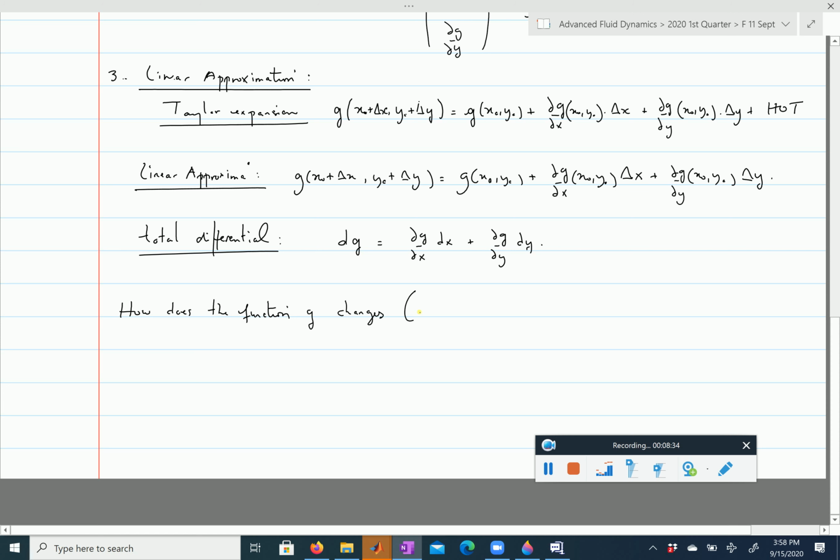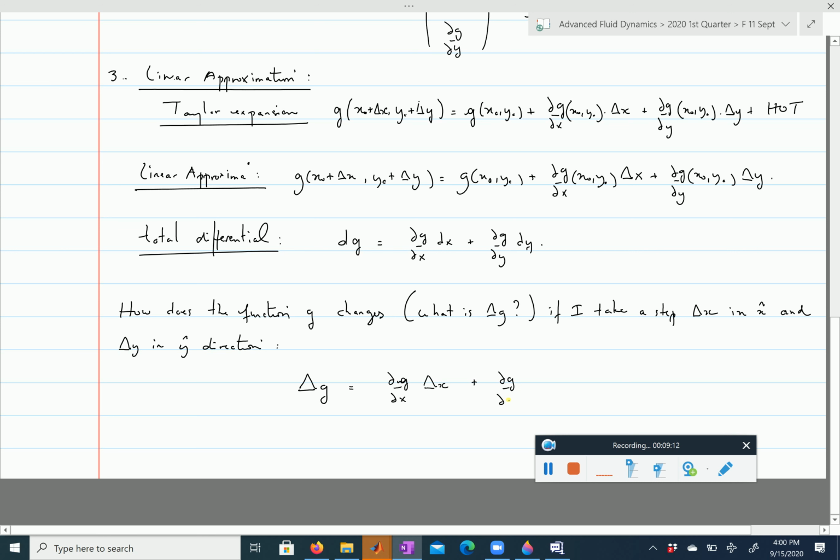That is, what is delta g if I take a step delta x in the x direction and a step delta y in the y direction, then from the linear approximation or the total differential, what we can write is that this delta g is going to be equal to partial g, partial x at the point at which we are, times delta x, plus partial g, partial y times delta y.